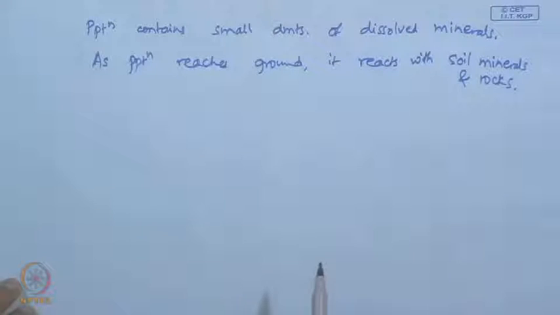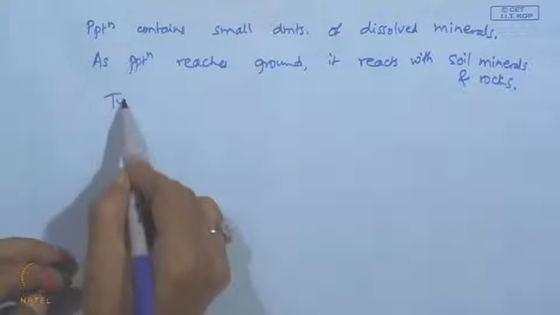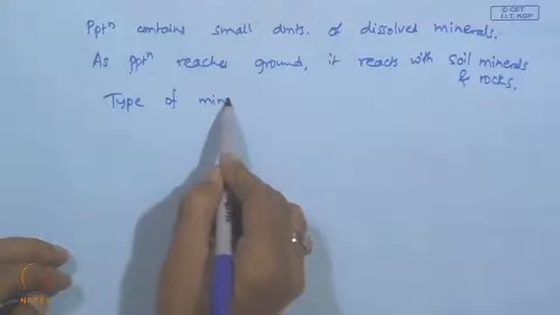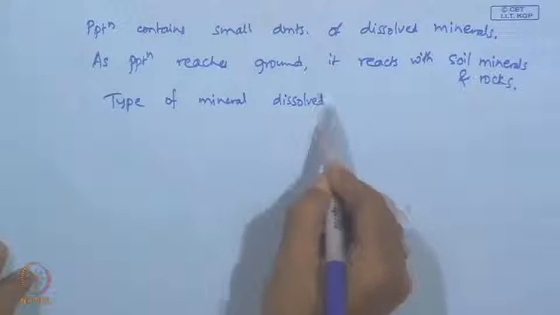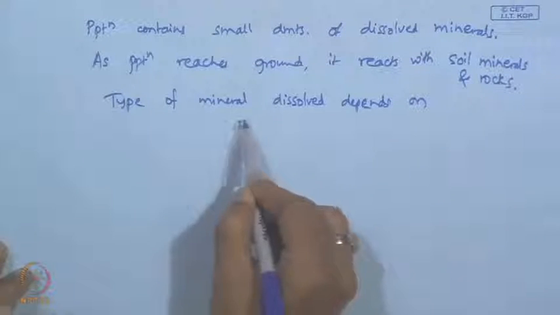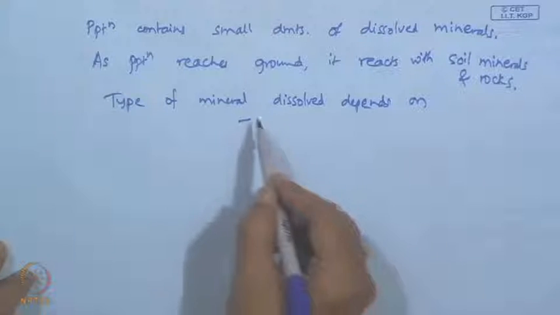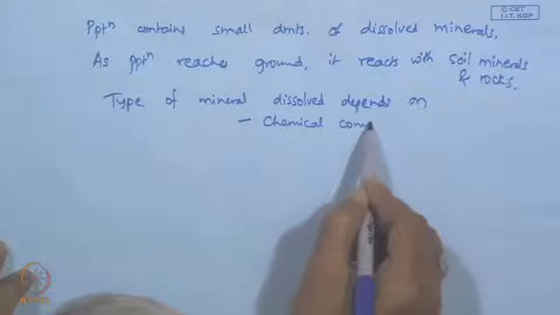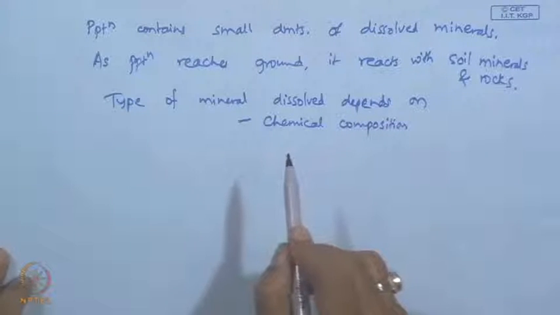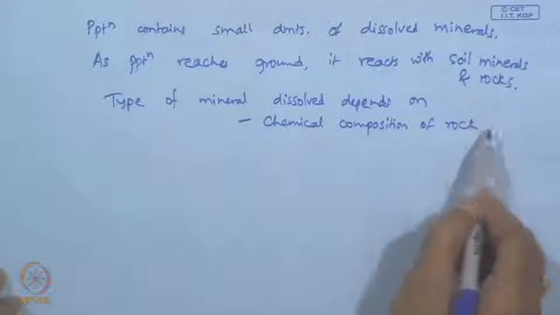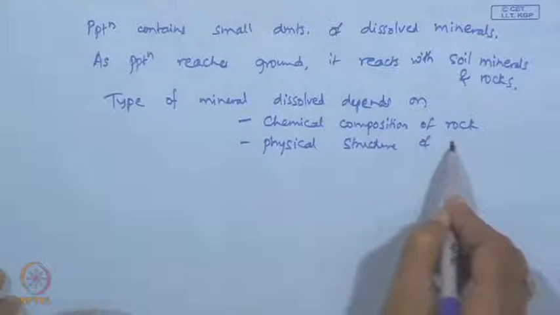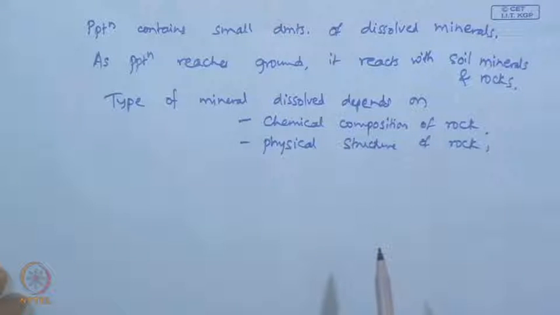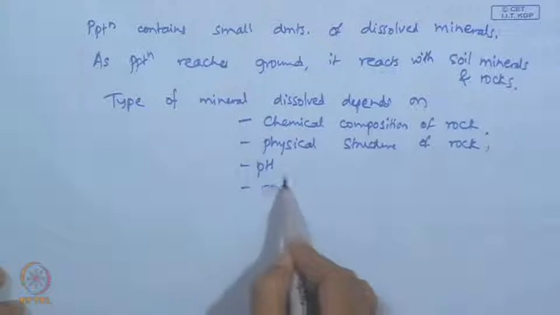And here, the type of mineral dissolved depends on the chemical composition of rock, the physical structure of rock, and also it depends upon the pH and the redox potential.